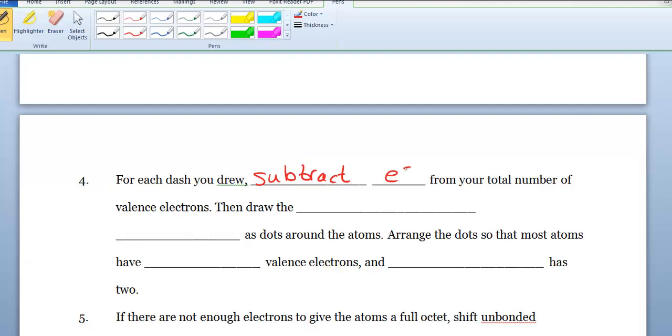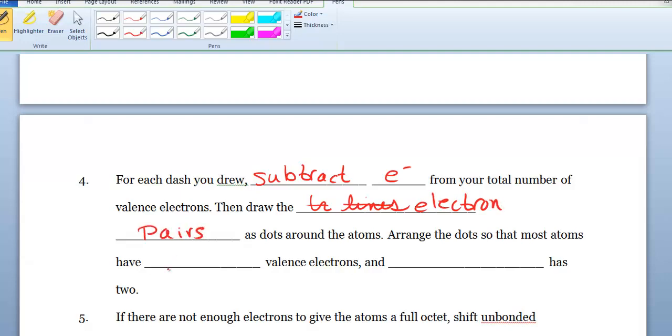We subtract all of those bonded electrons, and, I'm sorry, we draw the electron pairs that remain around the atoms.